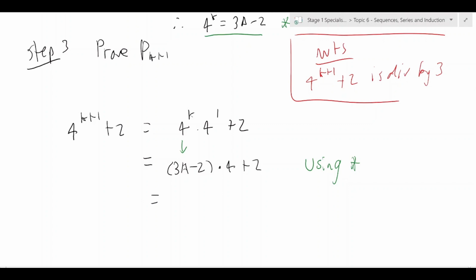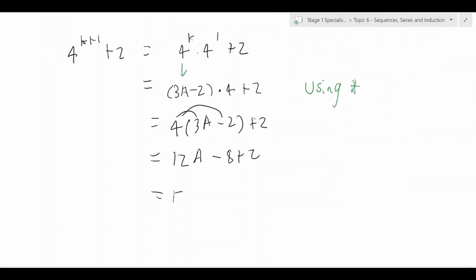Now we can just keep expanding and simplifying. So I might write this 4 out the front. We'll expand it in. So 12a take 8 plus 2, which is 12a take 6. And what I'm actually going to do is pull a factor of 3 out here. So this is 3 lots of 4a take 2.